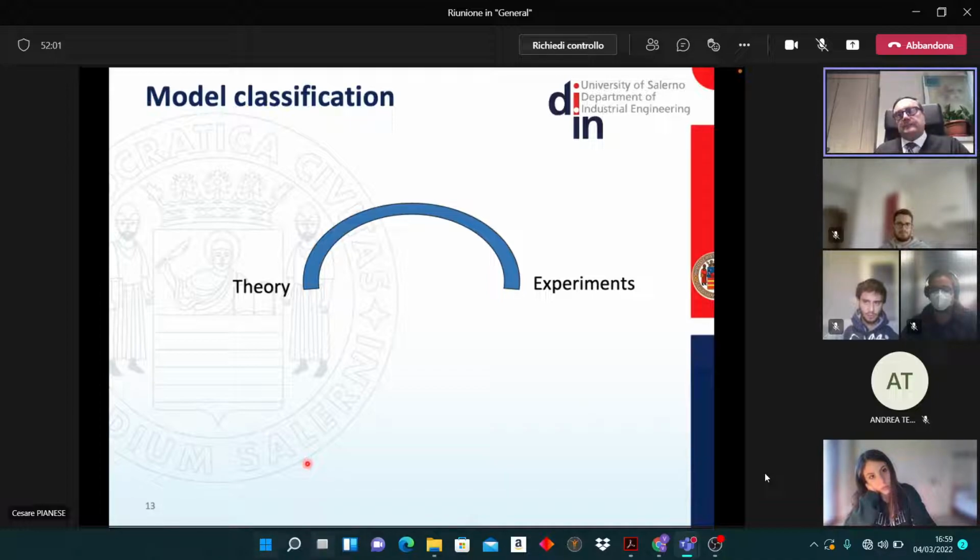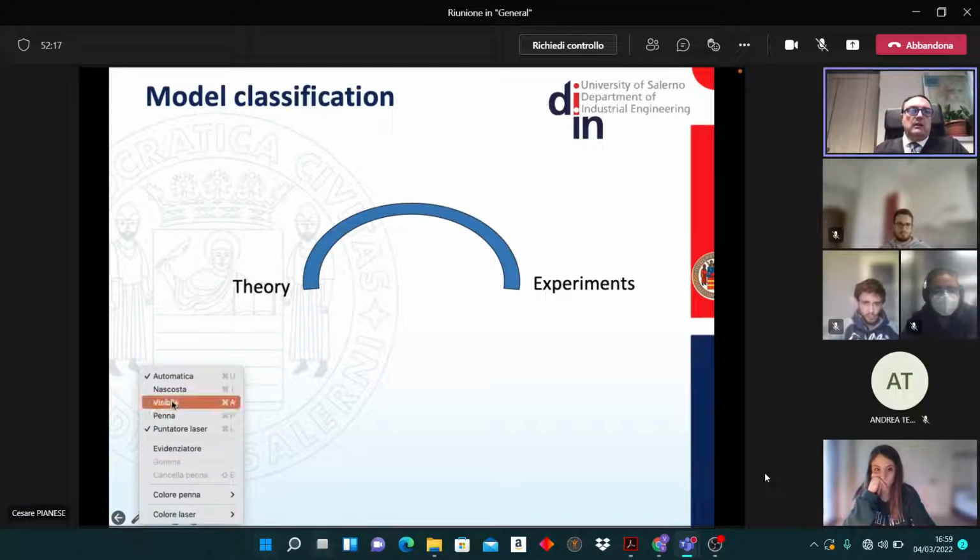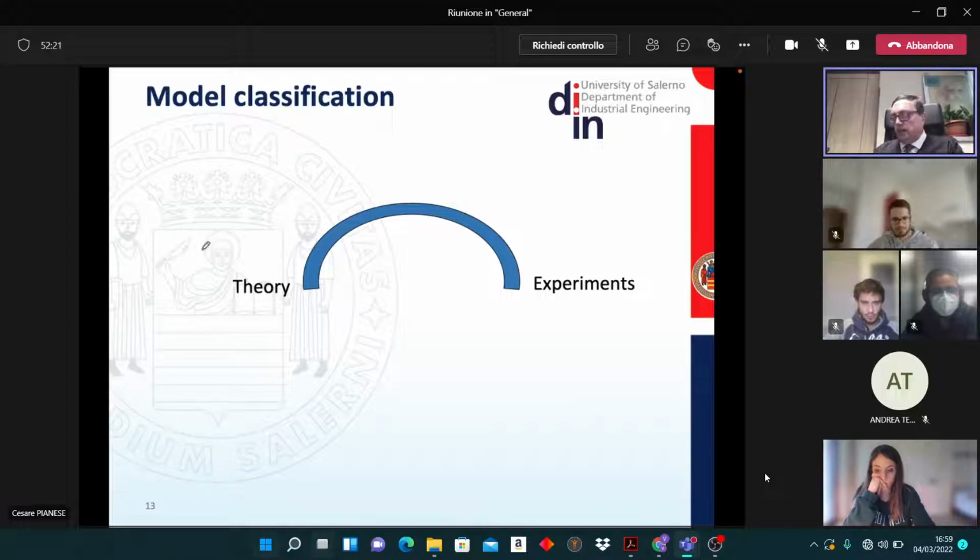I have said that this is the best representation of reality, so we are very close to theory here. For example, here we have the 3D Navier-Stokes equations for the problem.